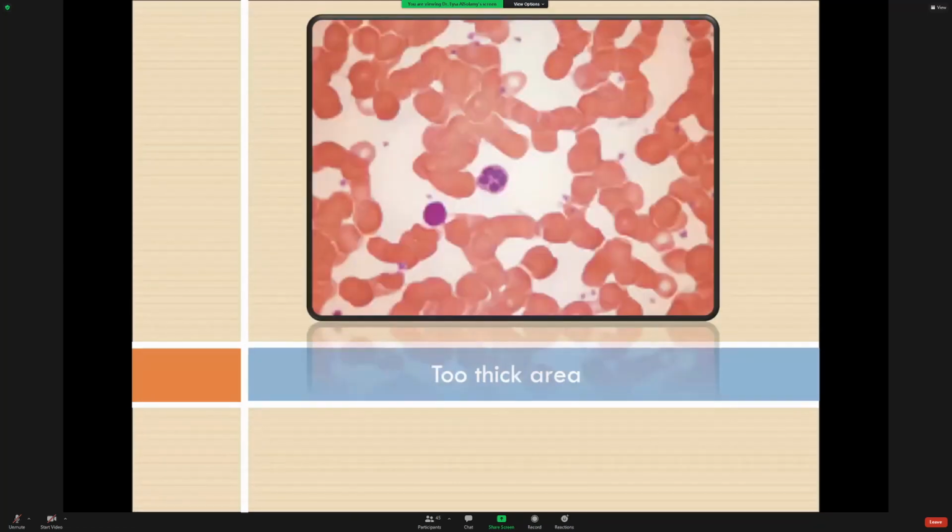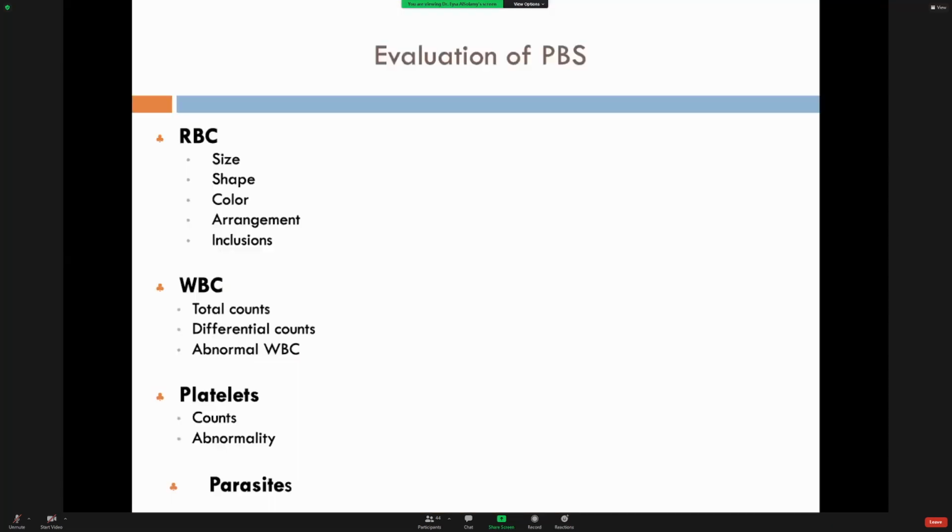This is how it looks when you focus on the thick area. When you see it under the thick area, it looks like agglutinations or rouleaux formations. Difficult, you cannot estimate. You can see it like coins sticky to each other. But this is how it looks on the thick area. You have to focus on the middle, in a nice area, when you are looking at red blood cells and white blood cell counts.